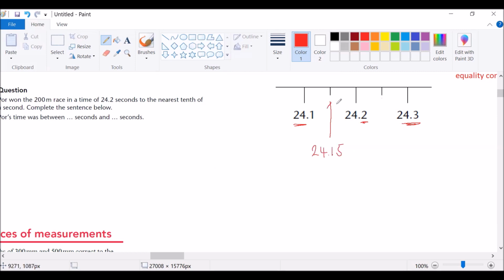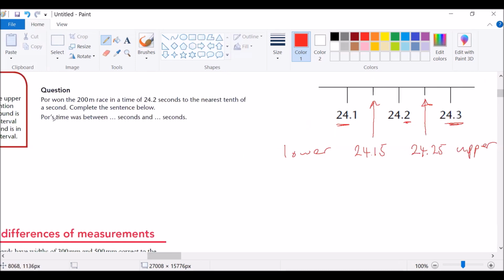So this is our lower bound, and halfway between 24.2 and 24.3 is 24.25. So this is our upper bound. To answer the question now, Paul's time was between 24.15 and 24.25. Okay, so this is the lower and upper bound.